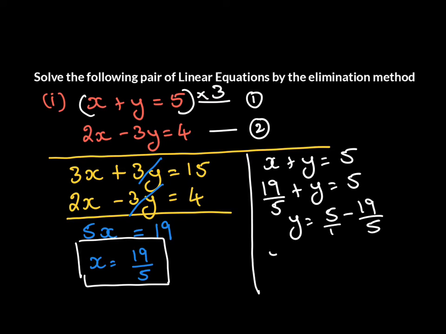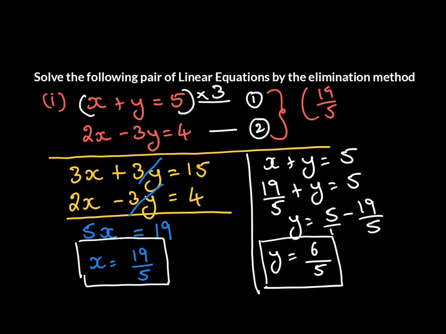We know how to subtract two fractions, so 5 minus 19 over 5 is 6 over 5. So we know the value of y also. The solution of these two equations is 19 over 5 and 6 over 5. This is how we solve a pair of linear equations by the method of elimination.